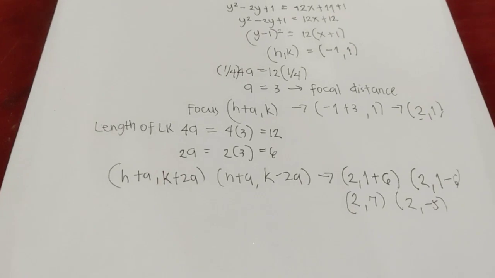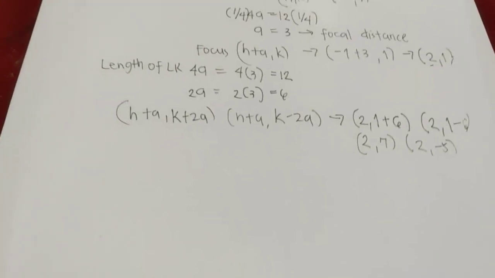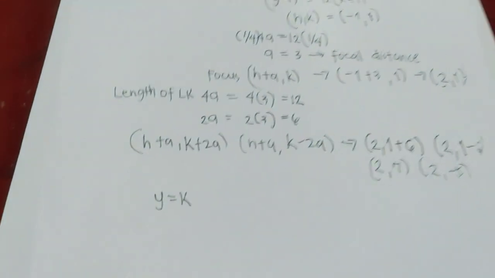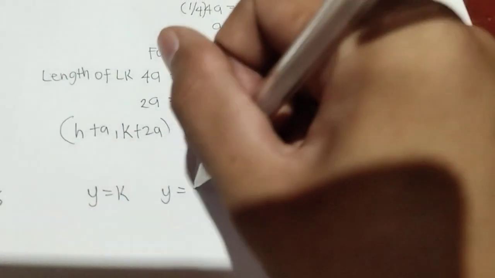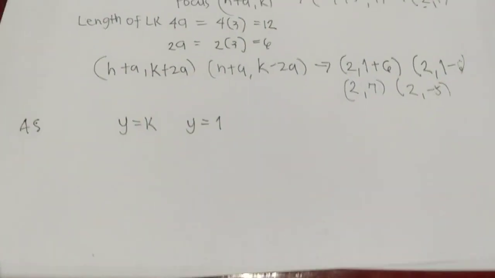And then the axis of symmetry of the parabola that opens to the right is y is equal to k. Our k here is 1, so the axis of symmetry is y is equal to 1.